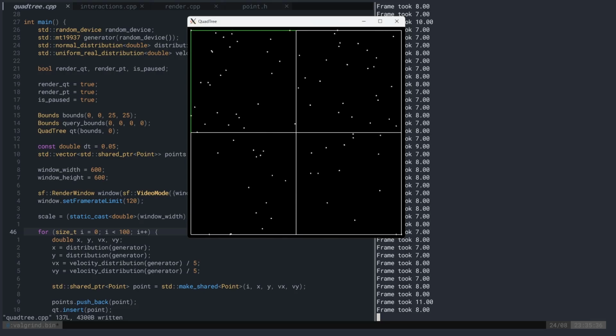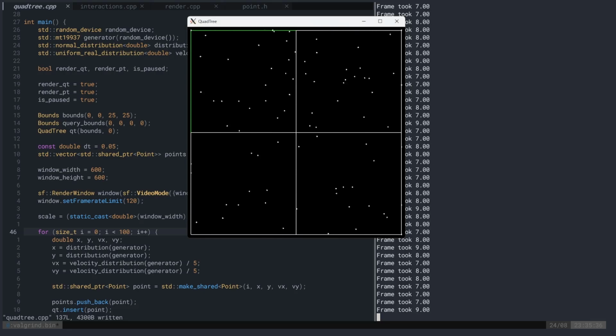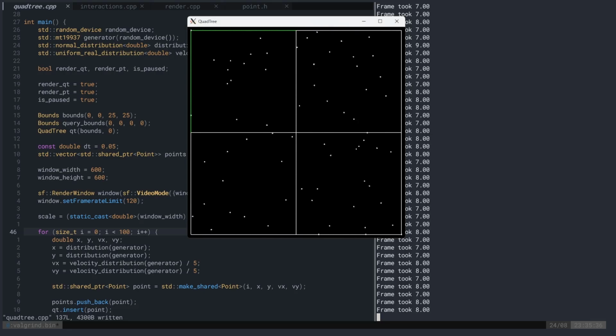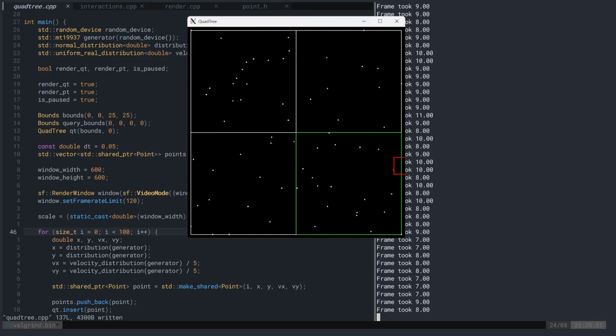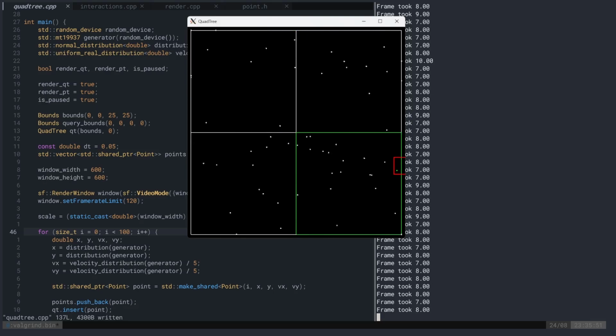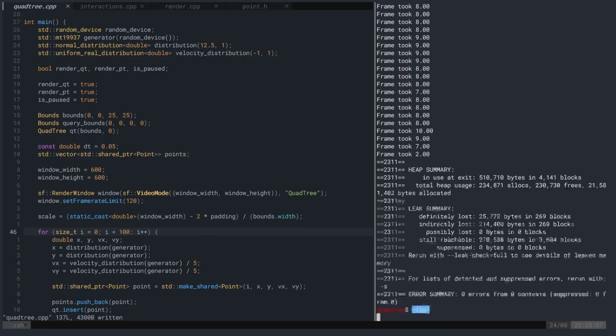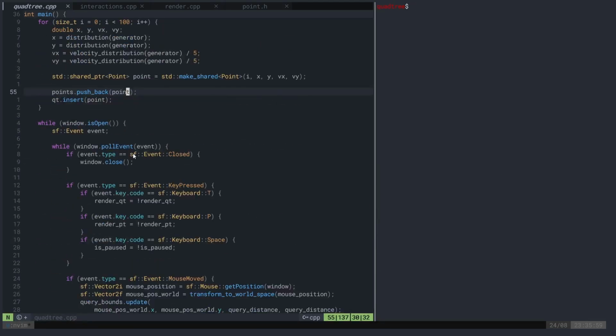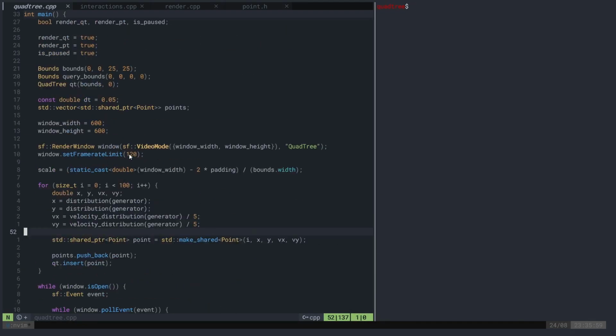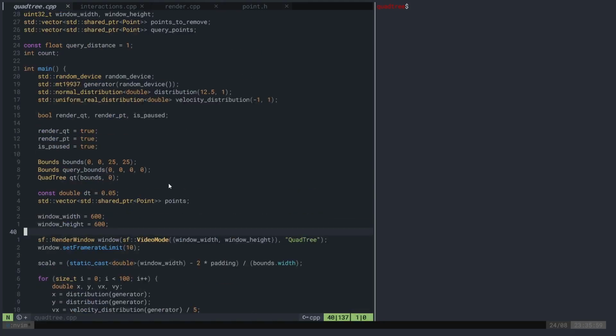Oh, that seems to be working. So I'm not sure what the issue was. You can see that the particles are actually repelling from each other. So let's clear this. What I'm going to do is reduce the frame rate here. I'm going to limit this to 10 FPS so we can actually see things crawl one by one.